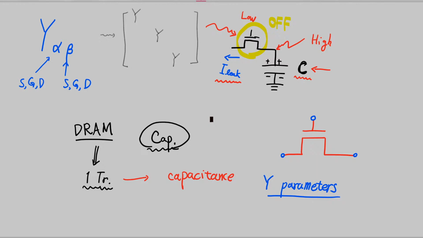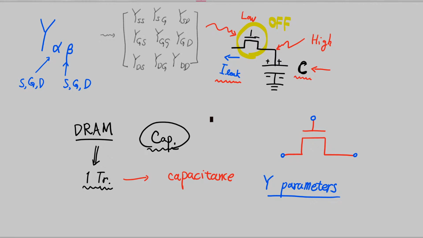So let's say Y SS, GG, DD, and SG, SD. You can easily understand, yes, there will be such 9 components for your Y parameters. Okay, so do you have any questions?